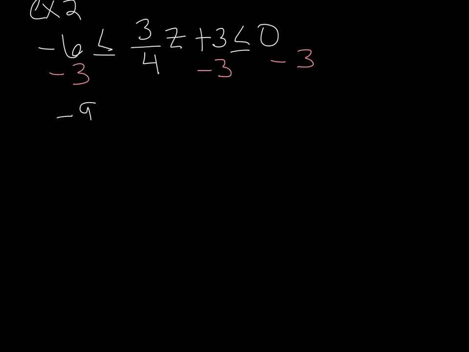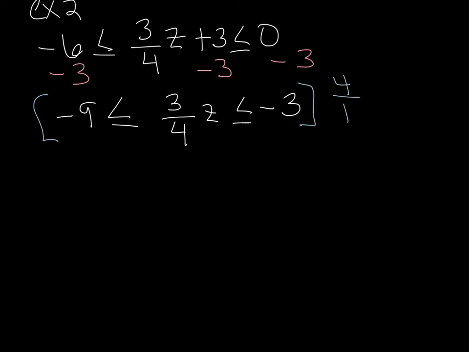And that gives me a minus 9 is less than or equal to 3/4 z, which is less than or equal to a minus 3. Now I'm going to go ahead and clear that fraction out. And I'm going to do that by multiplying everything by 4 over 1. If I multiply everything by 4 over 1, I have minus 36 is less than or equal to 3z, which is less than or equal to a minus 12.